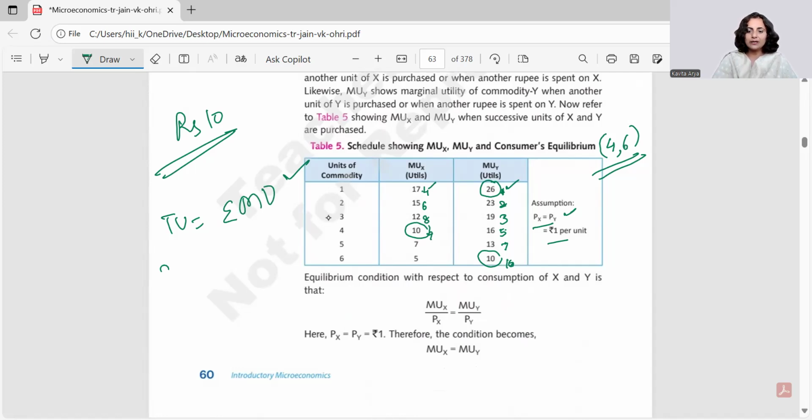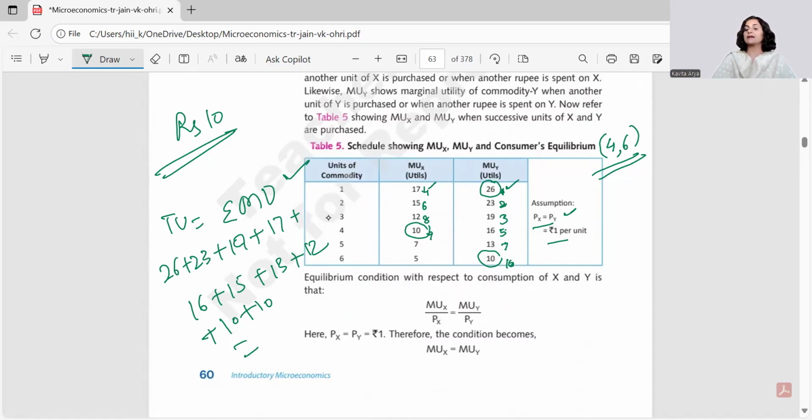So MUs are 26 plus 23 plus 17 plus 19 plus 17. I'm writing in the reverse order, plus 16 plus 15 plus 13 plus 12 plus 10 plus 10, and this is my answer. Whatever you write, these many utils. This is my TU when I spent 10 rupees.